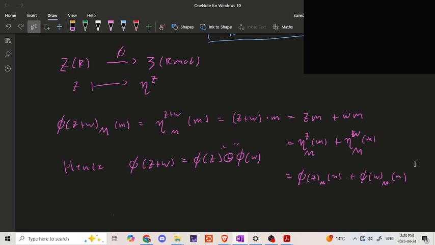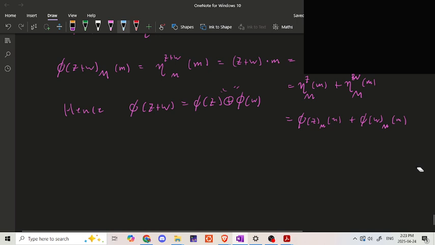So the other thing that we must verify now is, of course, that these maps are mutually inverse to each other. So going through that, well, we have psi composed with phi applied to z, and we need to check that we get back z. Well, what psi does is it says, well, this thing is a natural transformation.